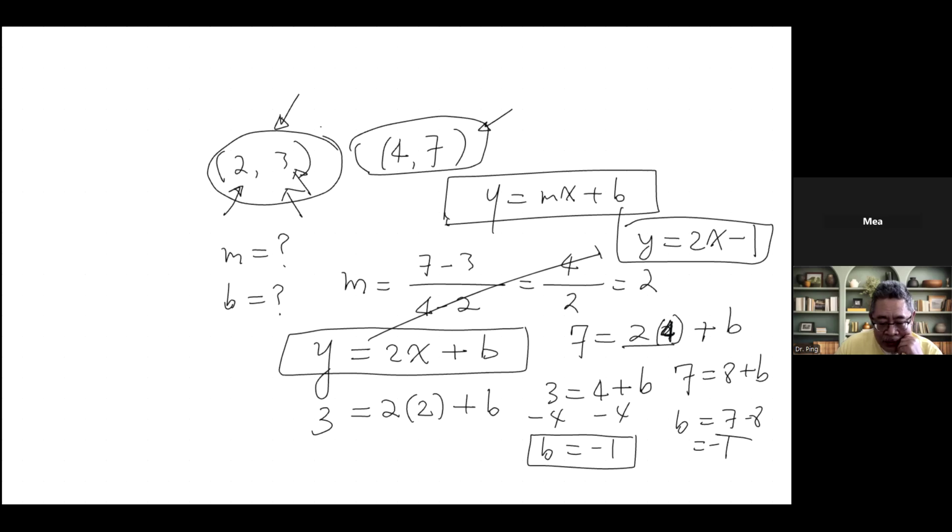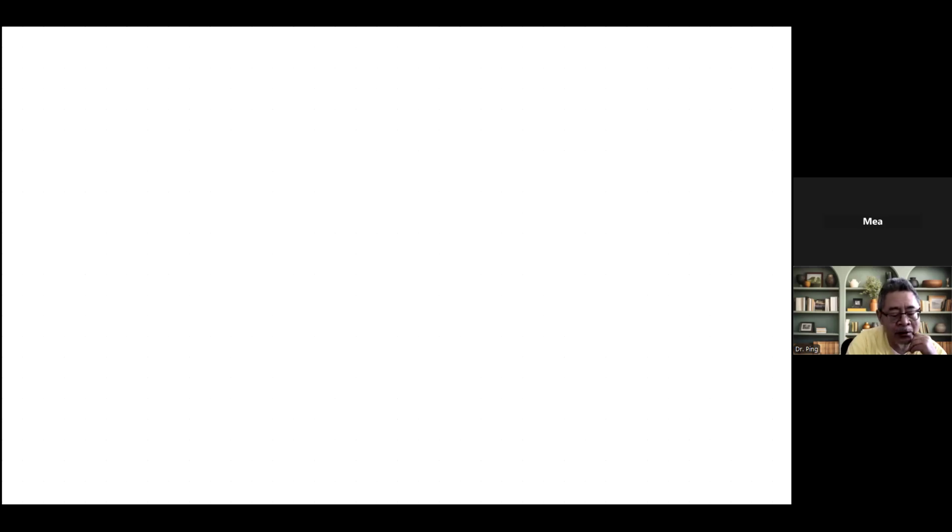Okay, all right. So today we're going to learn a different form of the equation. We had this form of equations, and now we're going to do another form. I'm going to show you an example of exactly what we did earlier: (2, 3) and (4, 7).